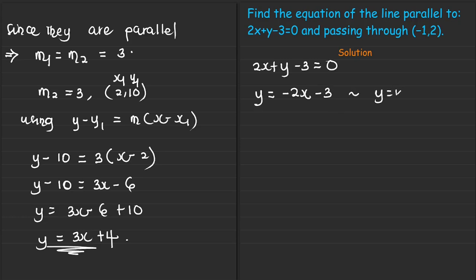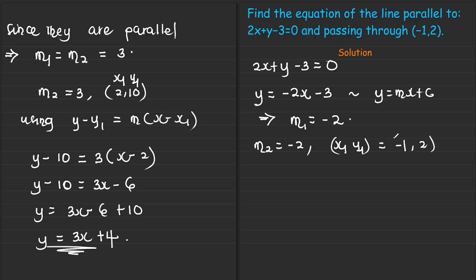Comparing this to y equals mx plus c, then it simply implies that the gradient m is equal to negative 2. So since we have been told the lines are parallel, then if this is m1, then m2, which is going to be the gradient of the new line or the other line, is also what? A negative 2. And then our x1, y1 will then be what? Negative 1, 2.